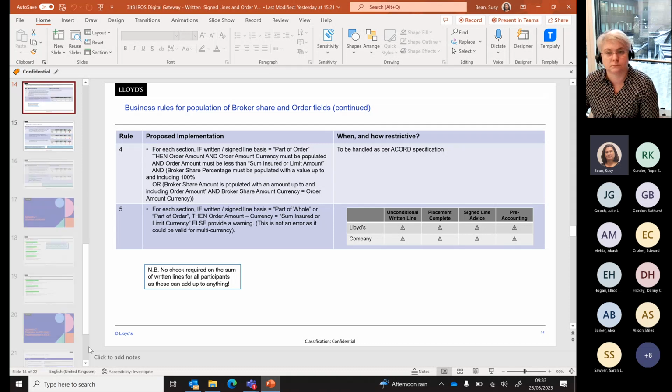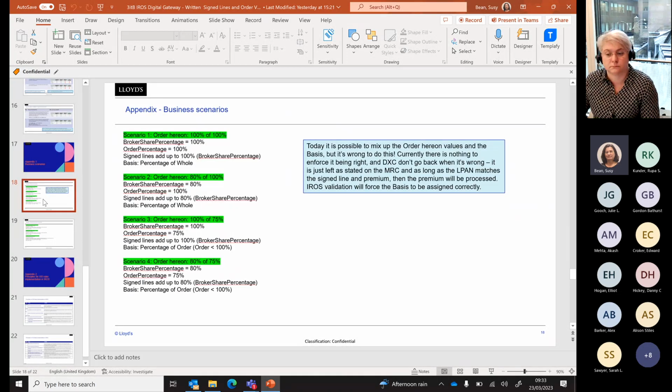I'm just going to jump very quickly to the appendix to make the point that at the moment it is possible to get these mixed up, but it's wrong to do this. At the moment, DXT don't go back and get it changed. They just work it out and make sure that it works.